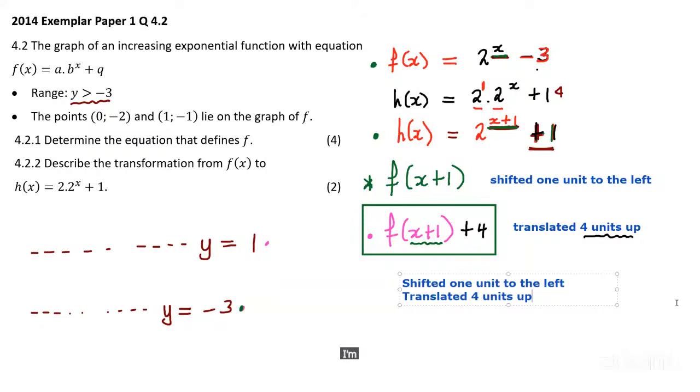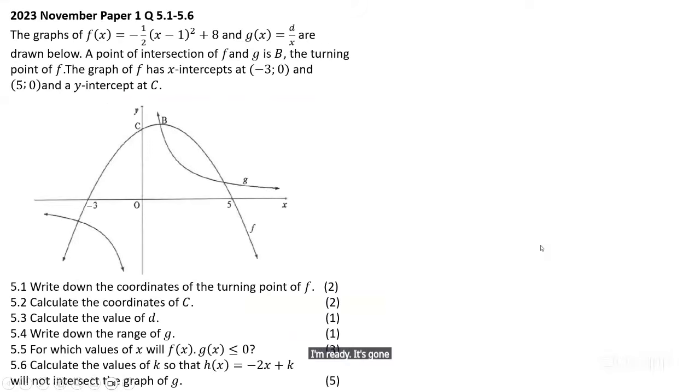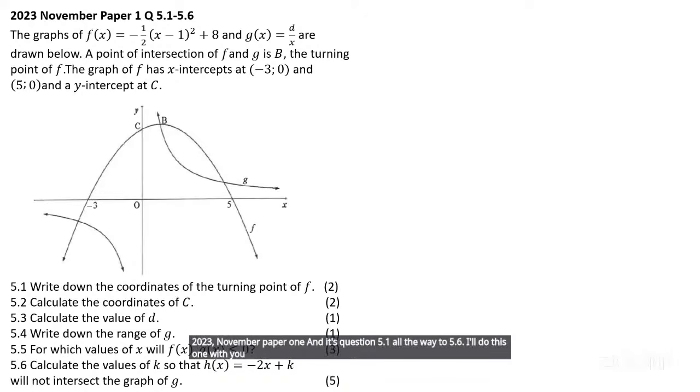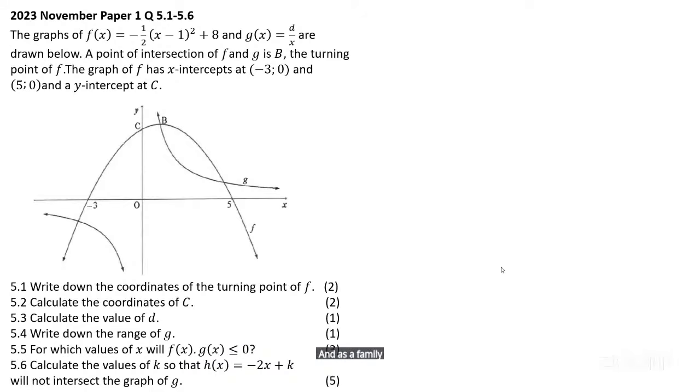I'm ready. 2023 November, paper 1, and it's question 5.1 all the way to 5.6. I'll do this one with you, not for you, with you, as a team and as a family.